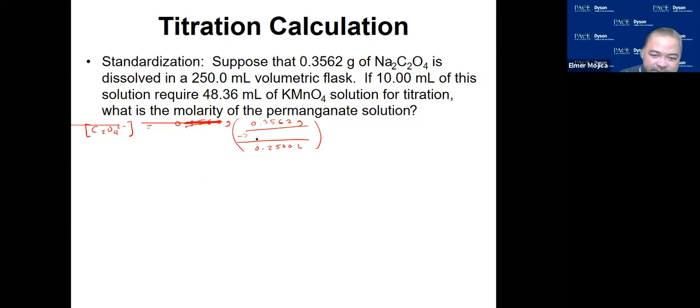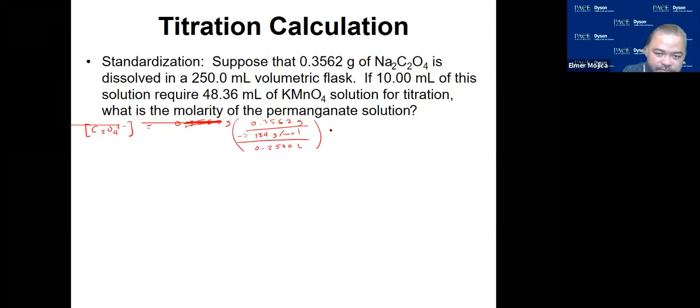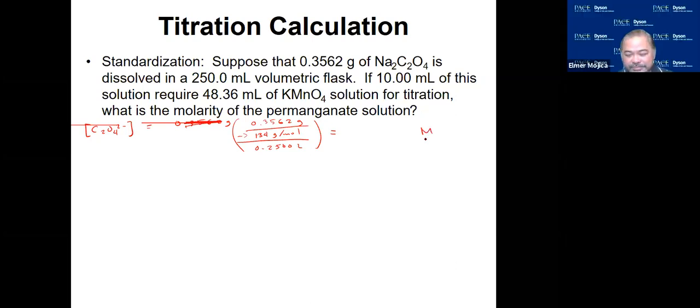So the molar mass here is around 134 grams per mole. So if we have this, what's the answer that we will get? What's the unit that we will get here? The unit is molarity, capital M.